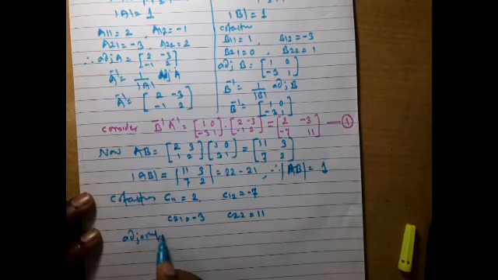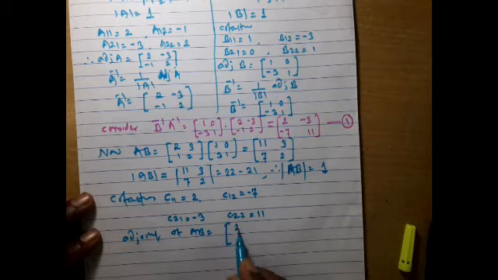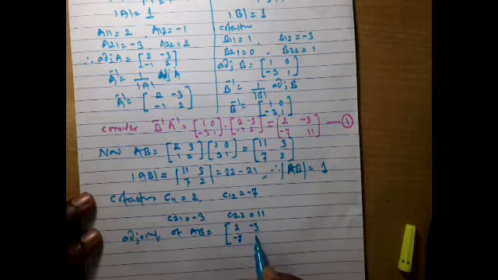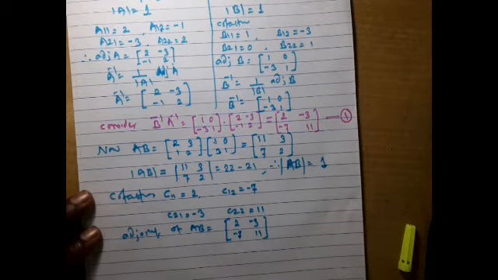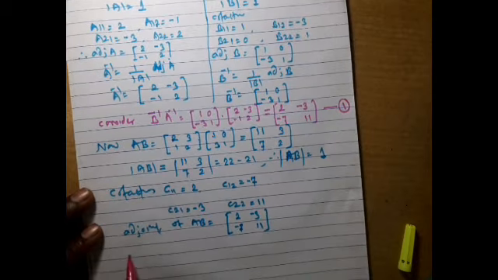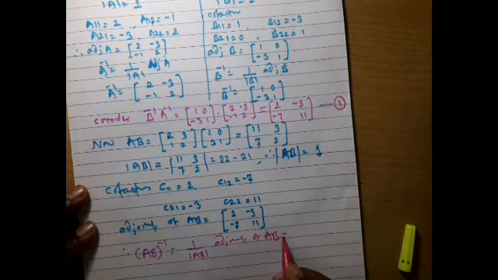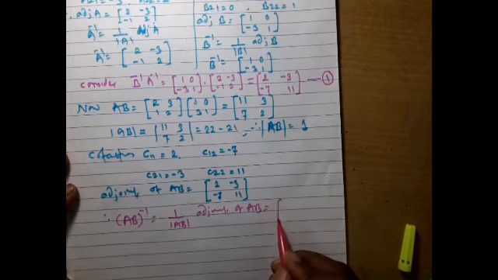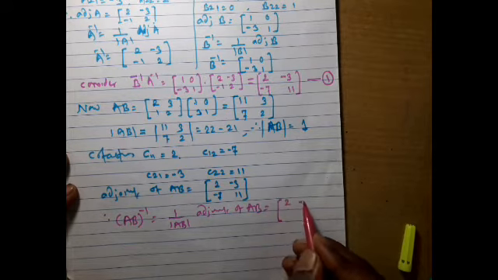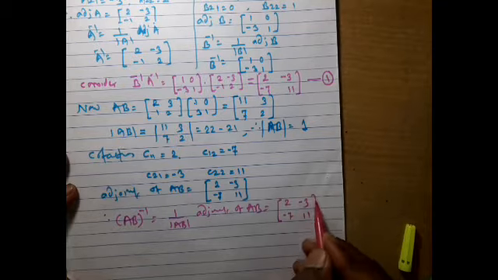Then adjoint of AB is [2, minus 3; minus 7, 11]. Therefore, AB inverse is 1 upon determinant of AB into adjoint of AB, and this is equal to, because determinant of AB is 1, it is [2, minus 3; minus 7, 11].